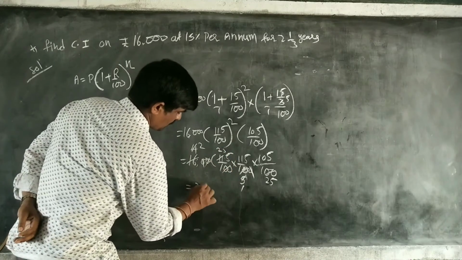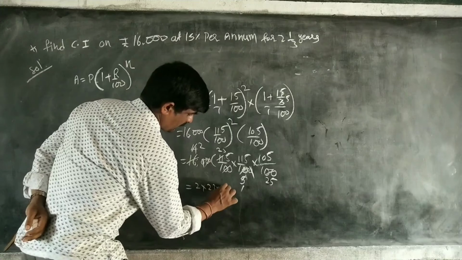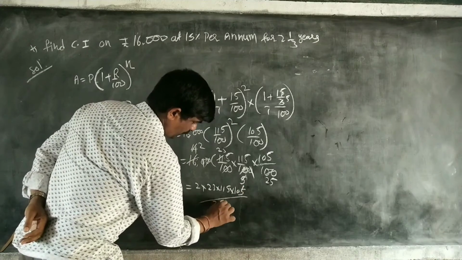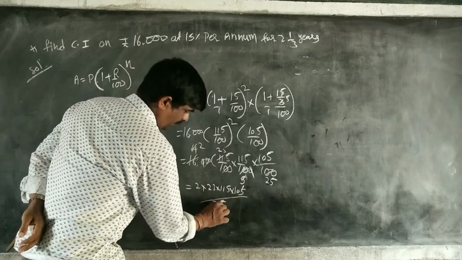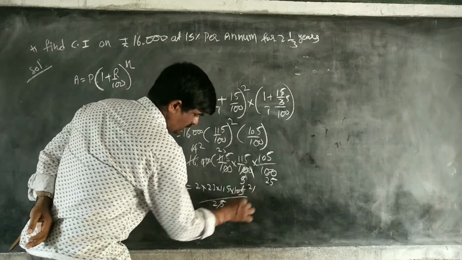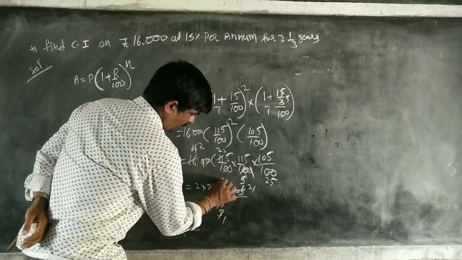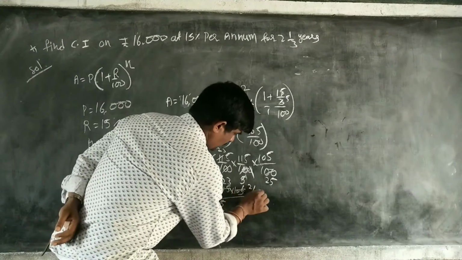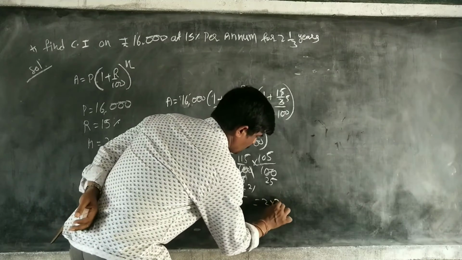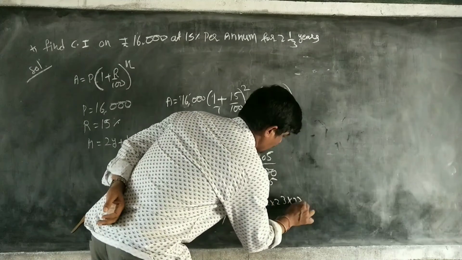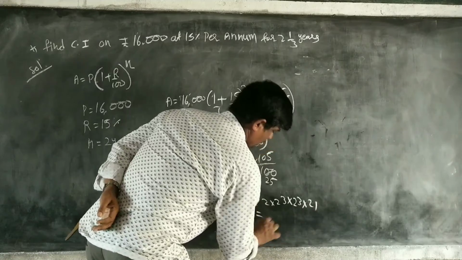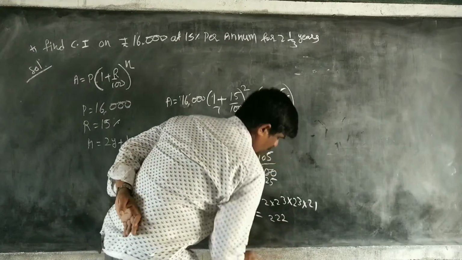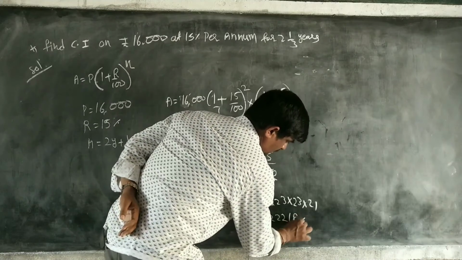That is equal to 2 into 23 into 115 into 105/25. 5 25s are 125, 5 21s are 105. So here also that is equal to 2 into 23 into 23 into 21. Simplifying, you get 22,218.